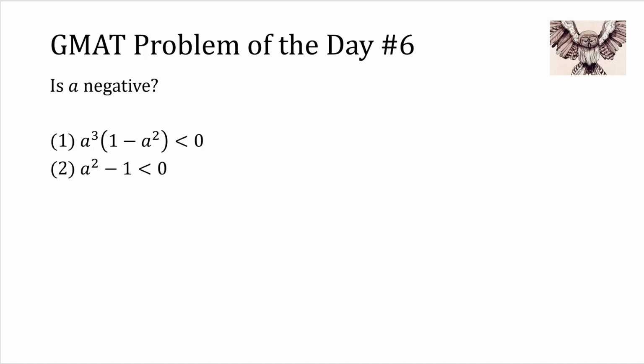First, let's talk about statement number 1. I think statement number 2 is a little bit easier to deal with, but I just want to go as straightforwardly as possible. So in order for a cubed times (1 minus a squared) to be negative, one of these guys is going to have to be positive and one is going to have to be negative.